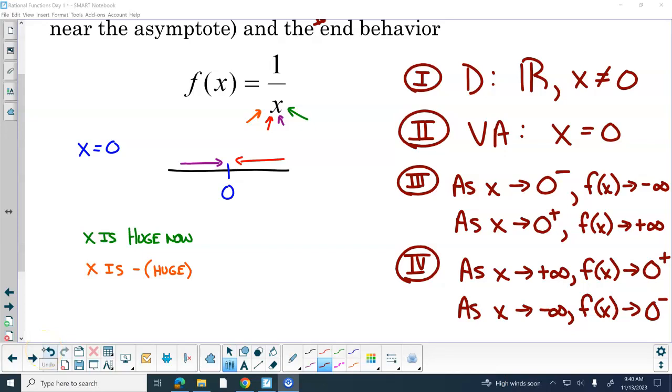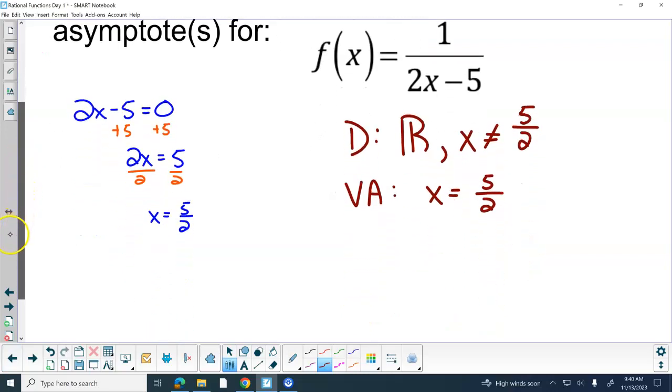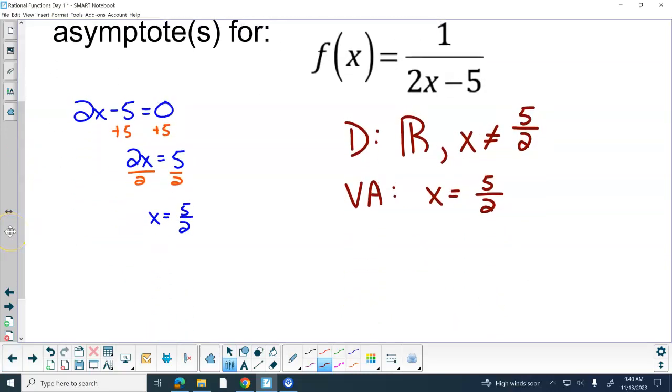So let's take a moment and let's go back to this one. So my asymptotic behavior would be as x approaches 5/2 from the right, and as x approaches 5/2 from the left.